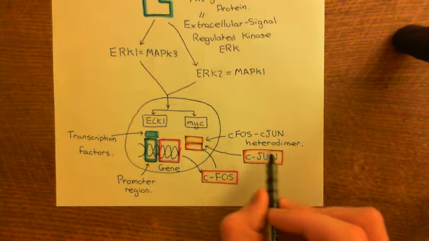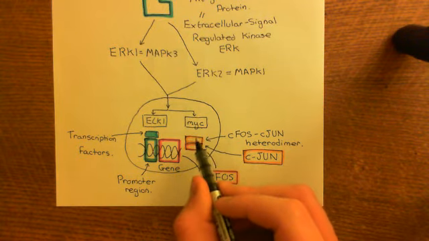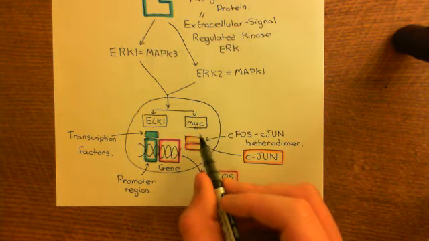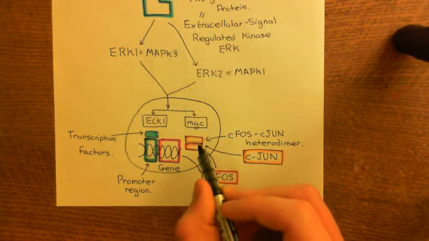Now, the CFOS-CJUN heterodimer will do the same thing as MYC, and that is, they're both going to act as transcription factors, and they're going to increase the expression of genes which will make the cell grow.